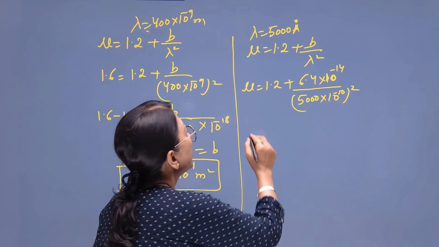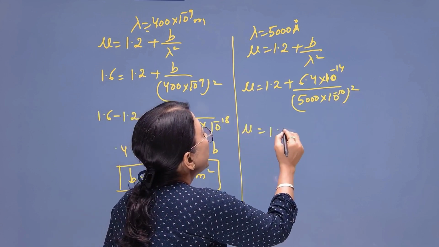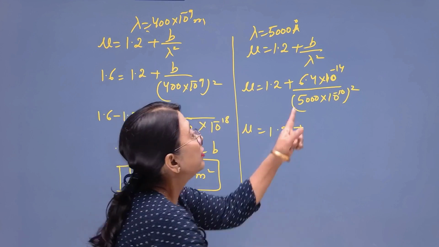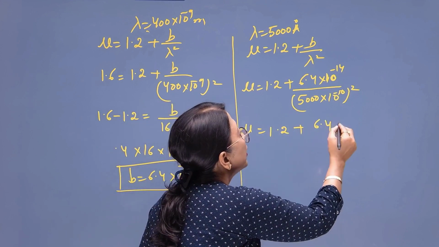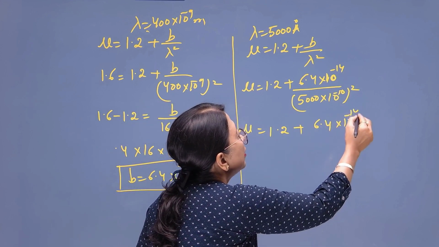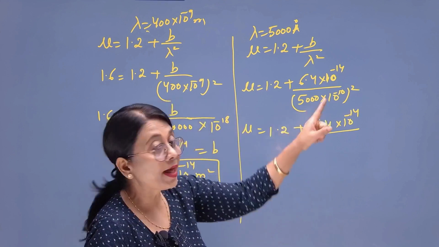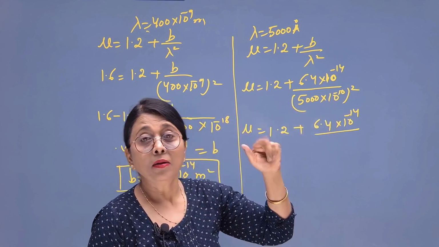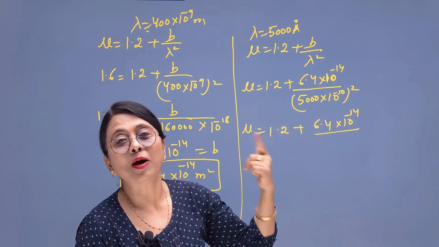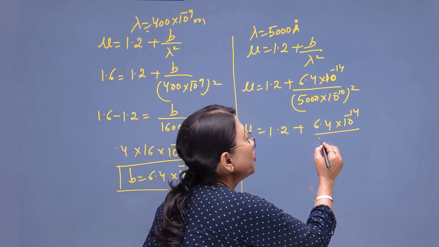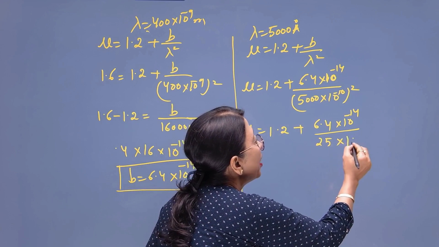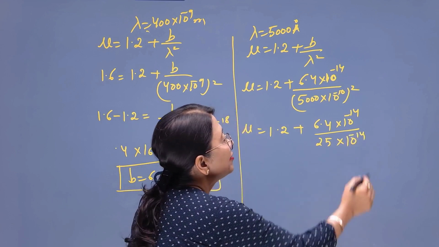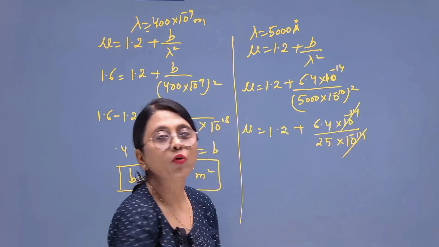So now we are going to get mu is equal to 1.2 plus this will be your 6.4 into 10 power minus 14. Now you solve it. 5 का square 25. यहाँ देखो 3 0 है तो 10 power minus 7. Minus 7 का square will be how much? 10 power minus 14. So this will come out as 25 into 10 power minus 14. And this 10 power minus 14, 10 power minus 14 will cut.